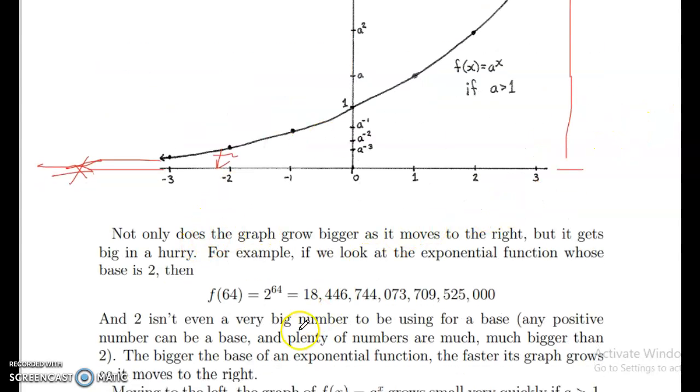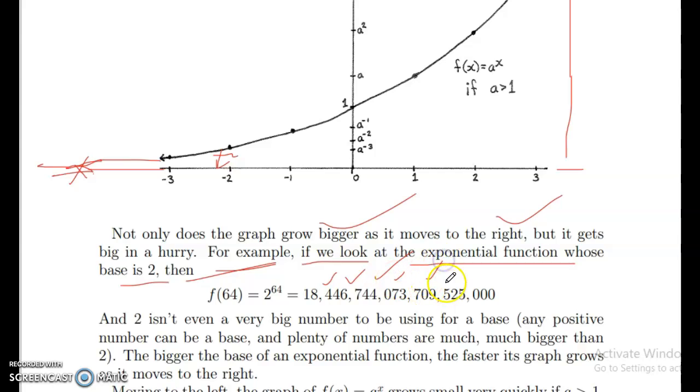Not only does the graph grow bigger as it moves to the right, but it gets big in a hurry. For example, if you look at the exponential function whose base is 2, then f of 64 equals 2 power 64, which is 18,446,744,073,709,551,616.